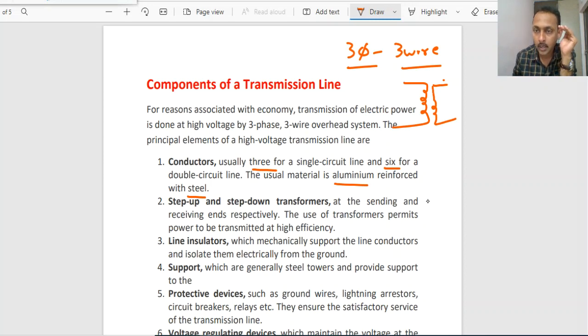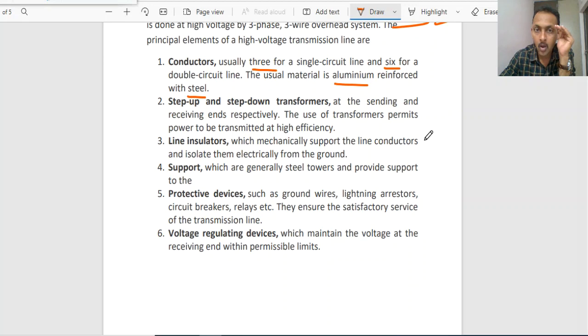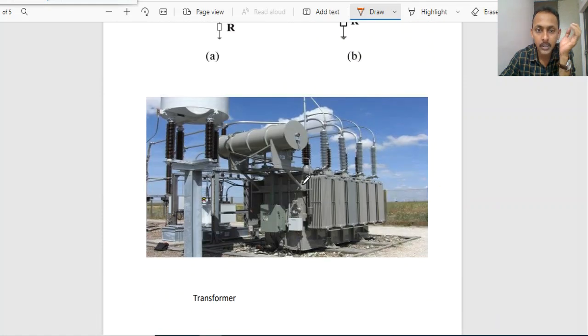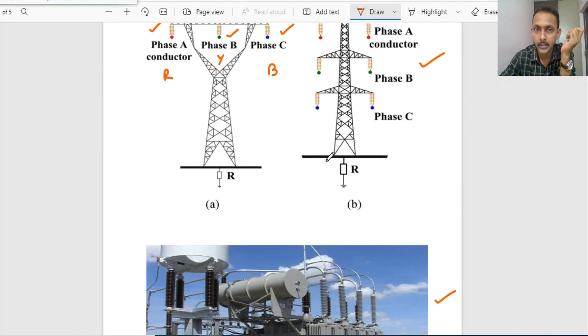For example, we have a primary side and a secondary side, and we can step up or step down the voltages in order to transmit the power at higher efficiency levels. You can observe this is the power transformer, which has the primary and secondary, and we can step up or step down the voltages.